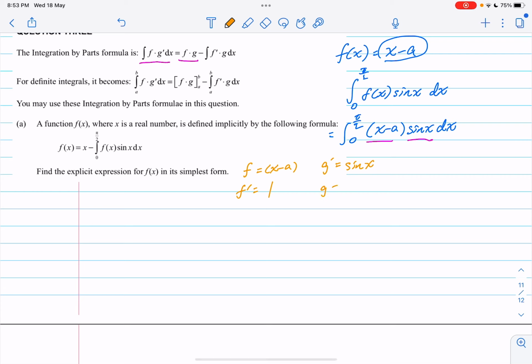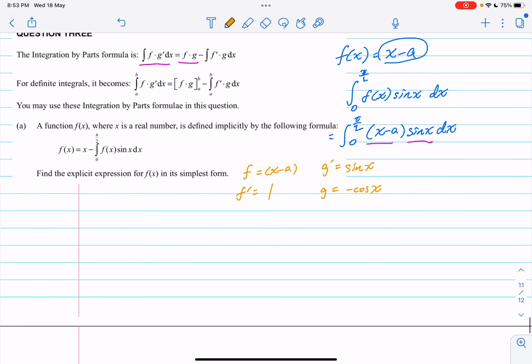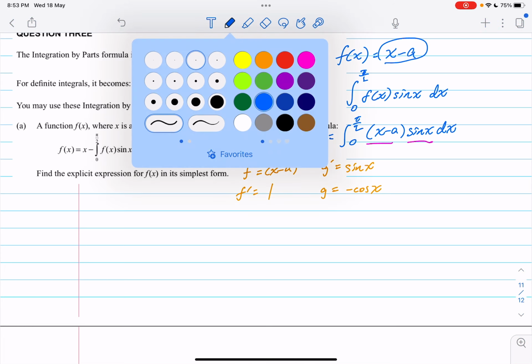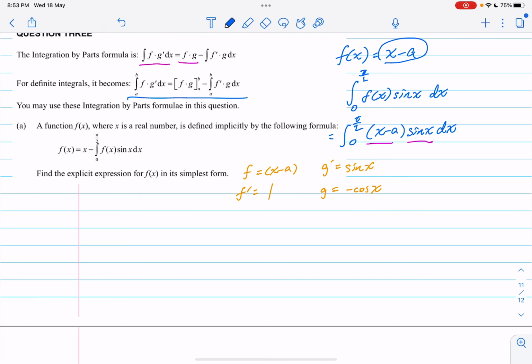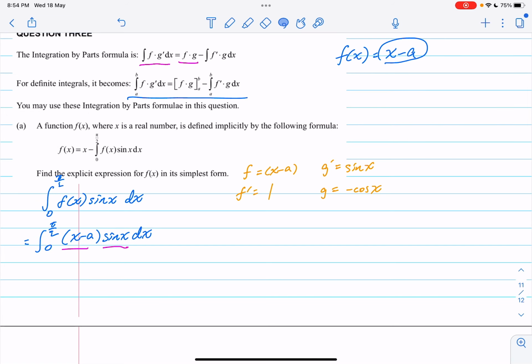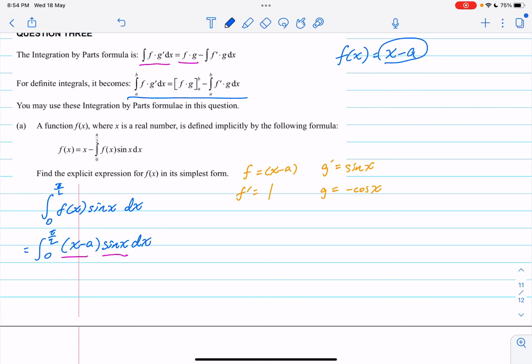And then g is going to be minus cos x, because the derivative of cos x is minus sin x. So the derivative of minus cos x is going to be positive sin x. Okay, so now we've got this, we can just substitute this thing here. And I'm just going to drag this over here.